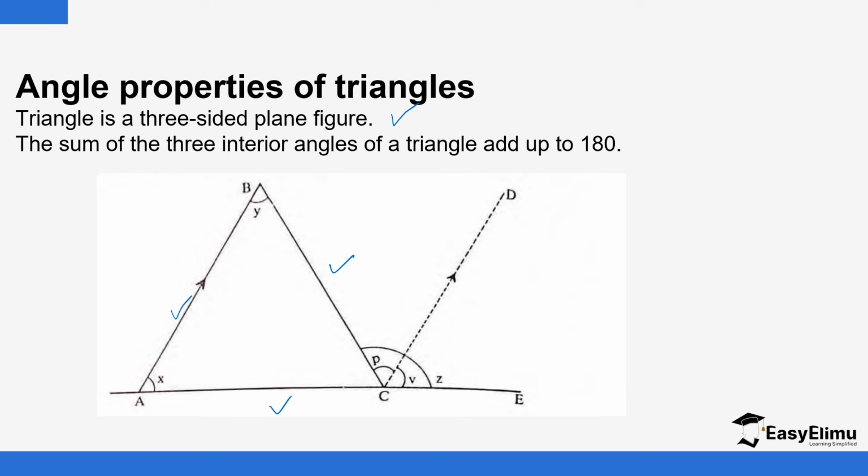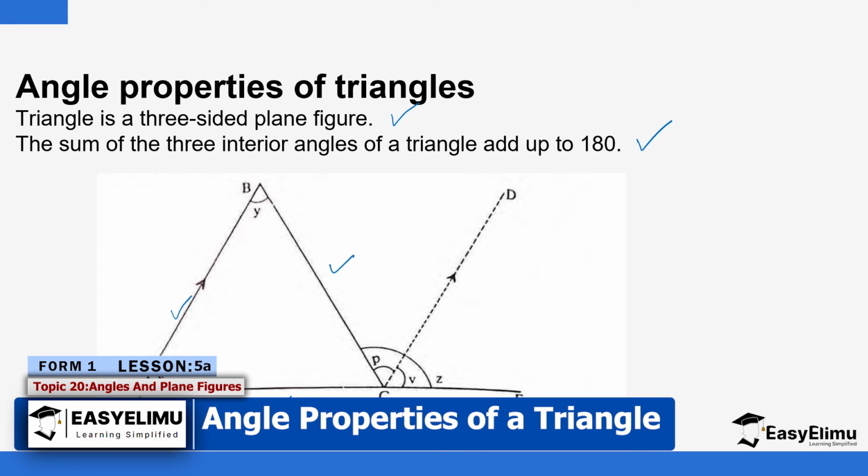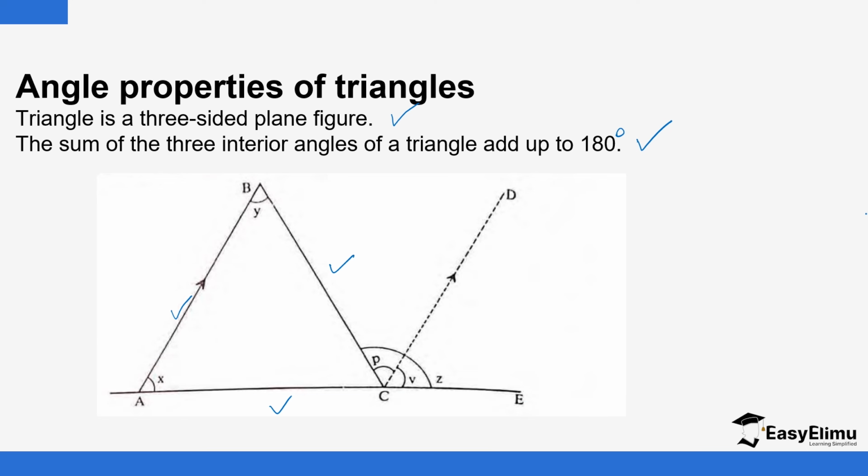So the angle property involving this is the sum of interior angles: the sum of the three interior angles of the triangle adds up to 180 degrees. That's how we write degrees, with a superscript, a small zero up there. Let me highlight in a different color so that you see what's happening here.